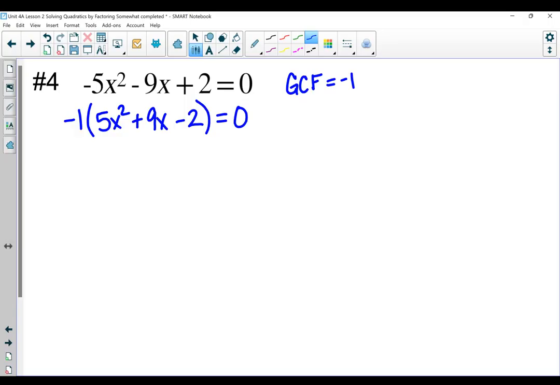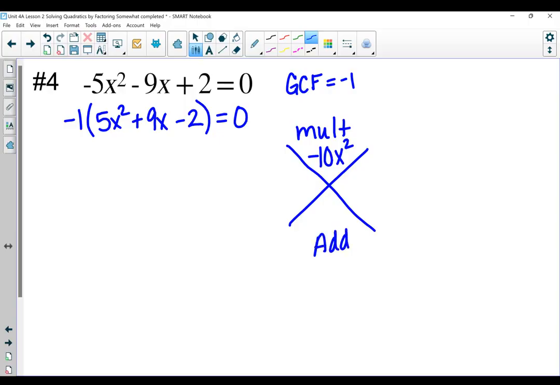It's not a special case. A is equal to 5 and not 1. So factor by grouping it is. This time I need to multiply a times c. So I need to multiply to negative 10x squared. I need to add to the middle term, which is positive 9x.